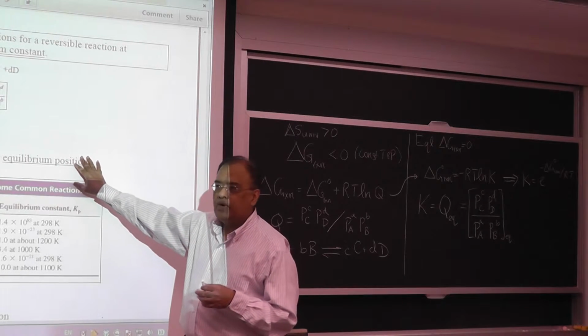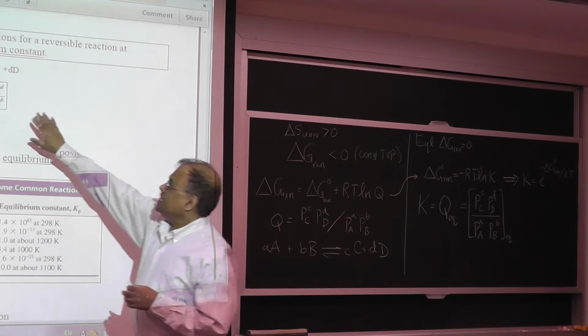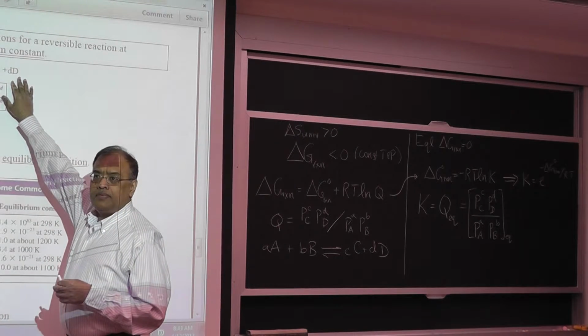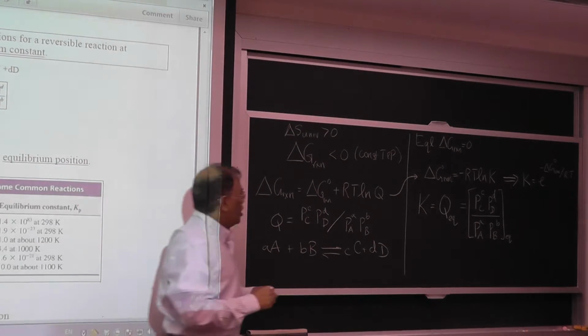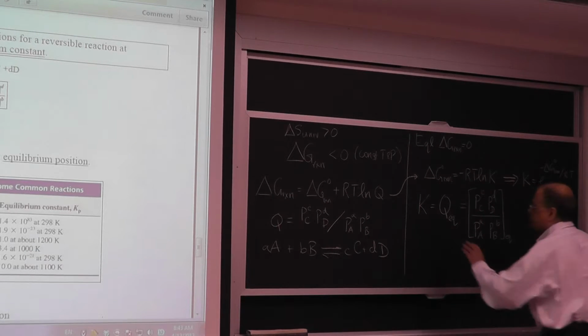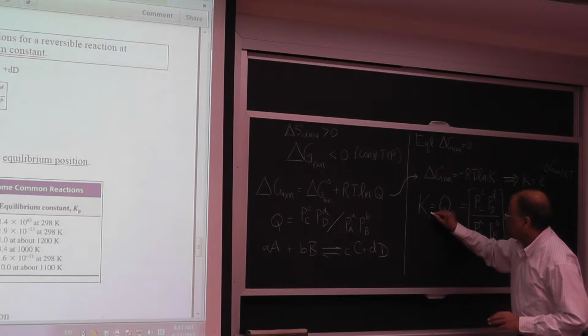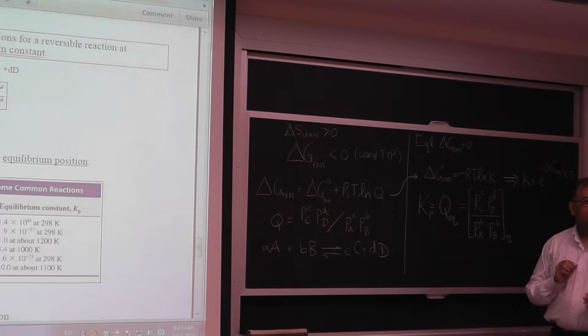Okay, all right, let's get back to lecture number 21. This is the outline. So here is our favorite reaction. This equilibrium constant, the way I have written it in terms of partial pressures. So I have to put a subscript here to indicate that this is an equilibrium constant expressed in terms of partial pressures.